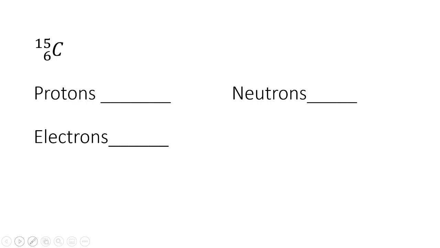If you look in your homework, you're going to find material on isotopic notation on pages 392 and 393 in your book. You'll also find a periodic table of elements.